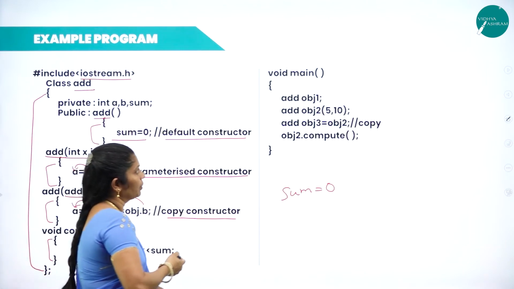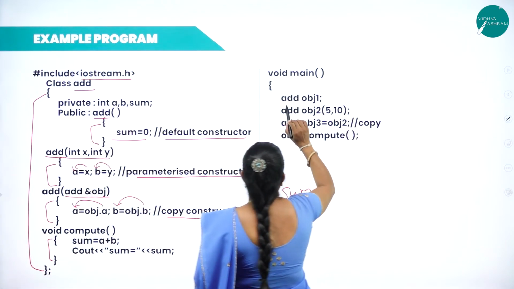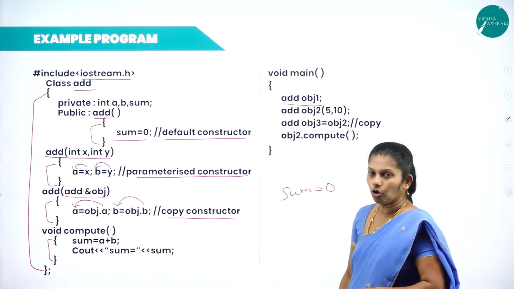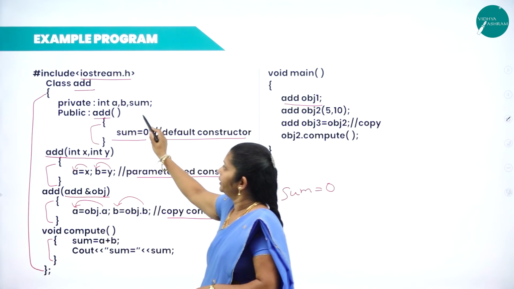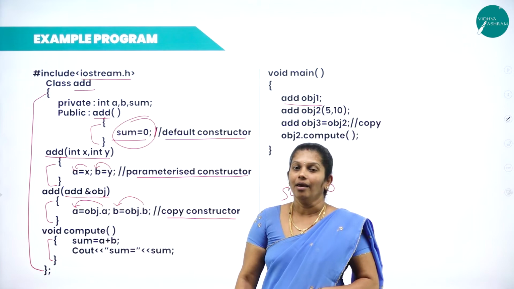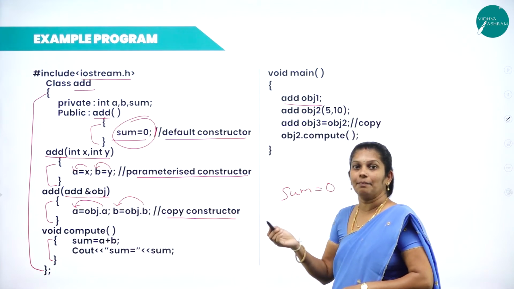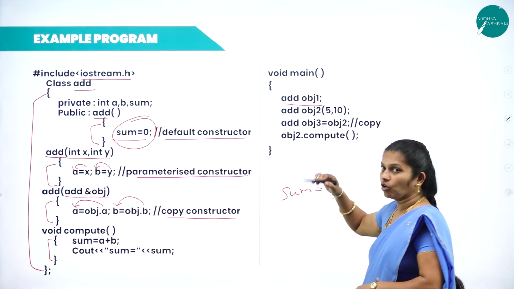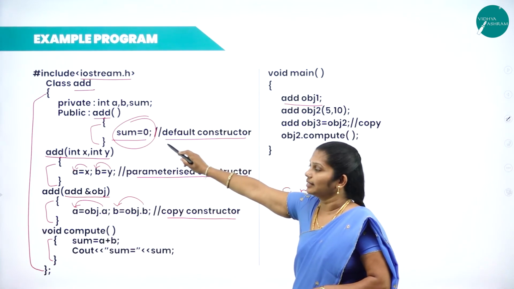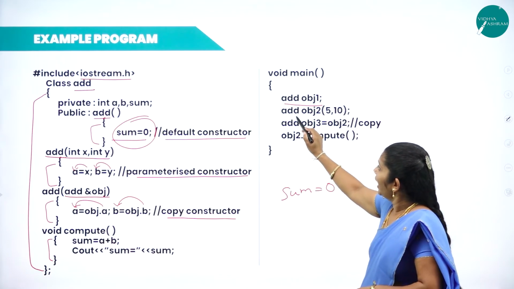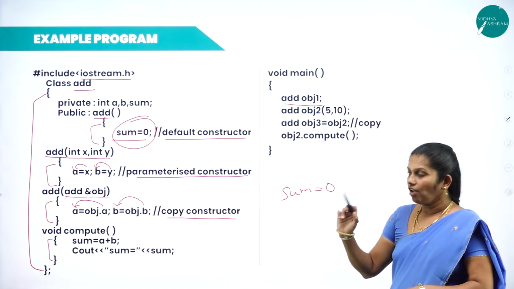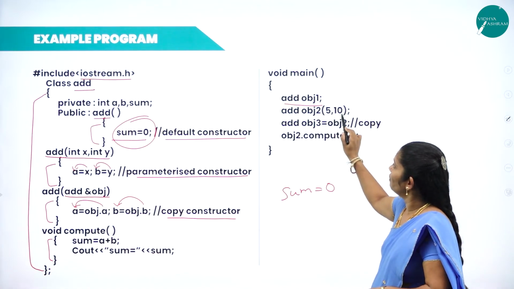Then if you observe the main program, here void main, add object 1. When I write this without arguments, then this default constructor will automatically execute. No need to call this function once again separately. Automatically, without arguments, it will execute the default constructor. Then add, once again the class name, I write add object 2. If you observe here, for object 2 we have written 5, 10.